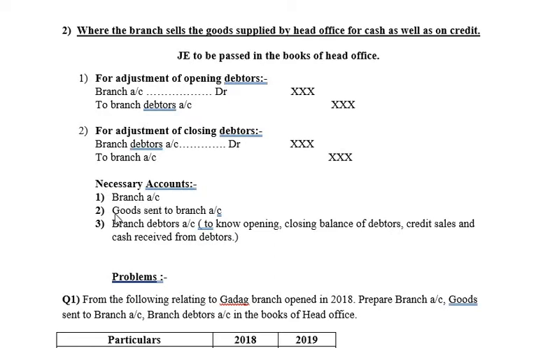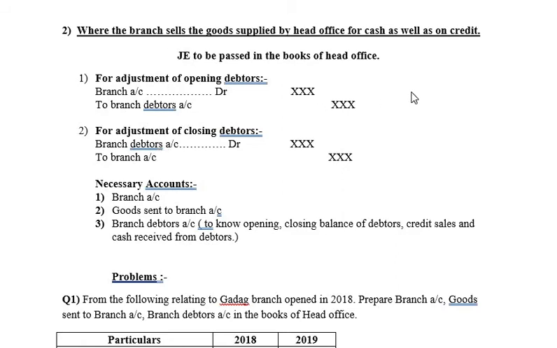First is the branch account, second is the goods sent to branch account, third is the branch debtors account. Why do you prepare this branch debtors account? Basically to know the opening as well as closing debtors in case of credit sales and cash received from debtors. I hope you have understood why we prepare this account and why we pass these journal entries.